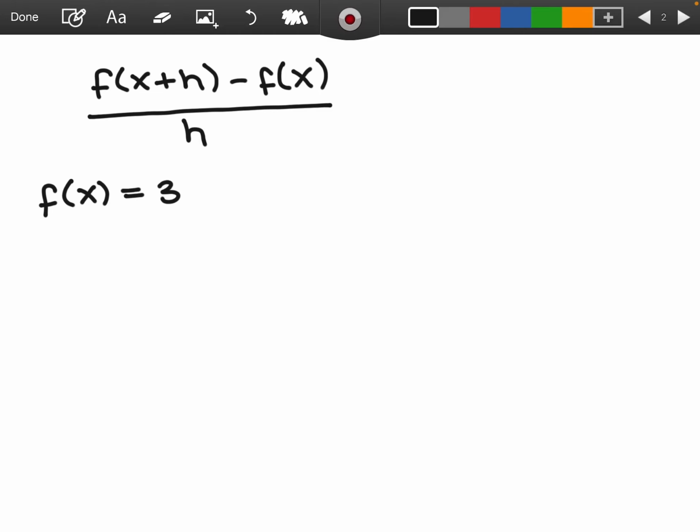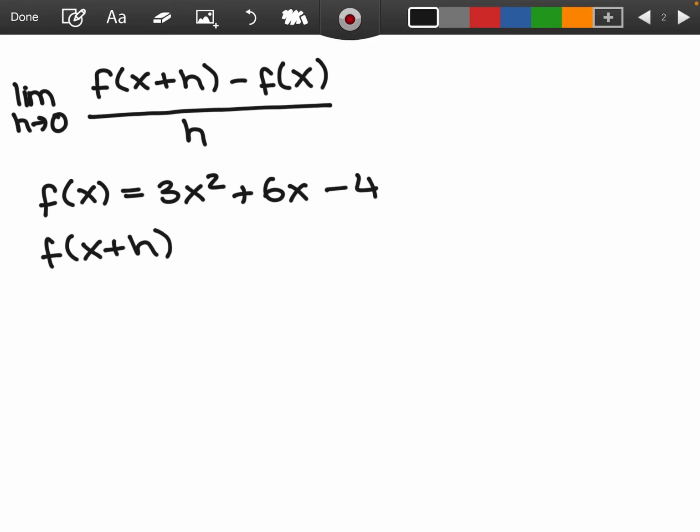I'm going to do this for the particular function f of x equals 3x squared plus 6x minus 4. I'll find the difference quotient for this function, and then we are going to look at the limit as h goes towards 0 of that difference quotient.